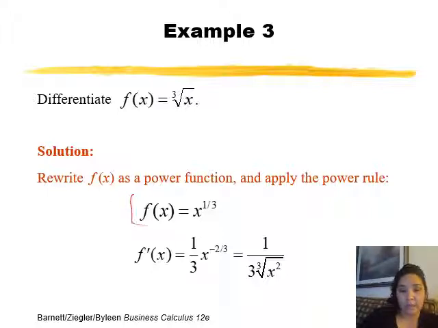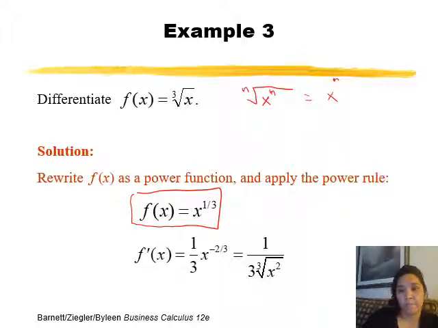If you remember, the nth root of x to the m is equal to x to the m over n, and so inside here it's x to the first power, so this becomes x to the 1/3, which is how they got this guy down here.